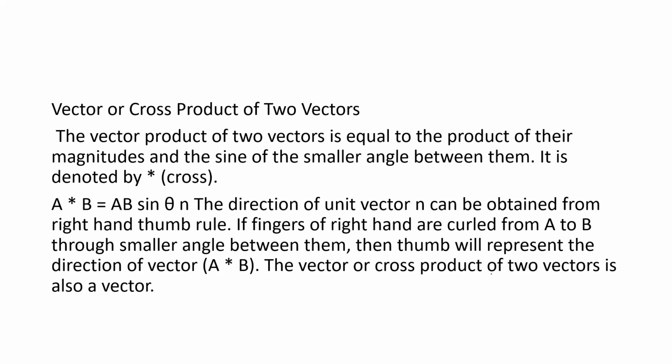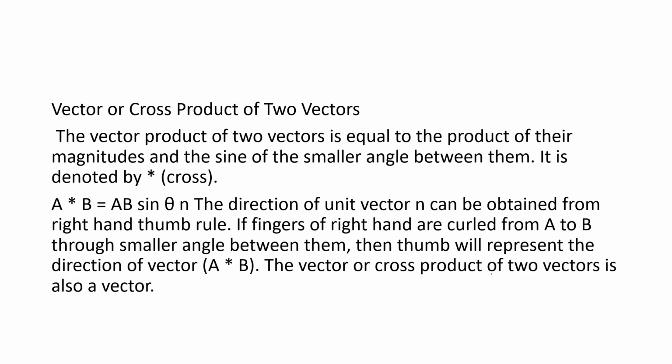The direction of unit vector n can be obtained from the right hand thumb rule. Then next, if the fingers of the right hand are curled from A to B through the smaller angle between them, the thumb will represent the direction of the vector.